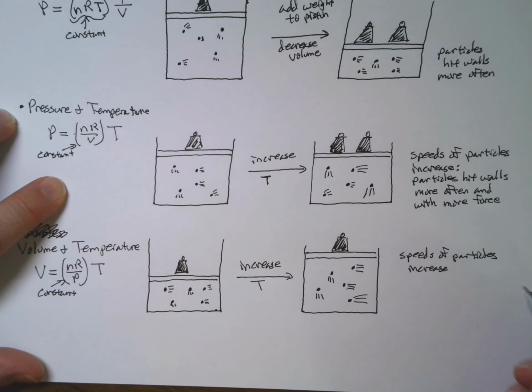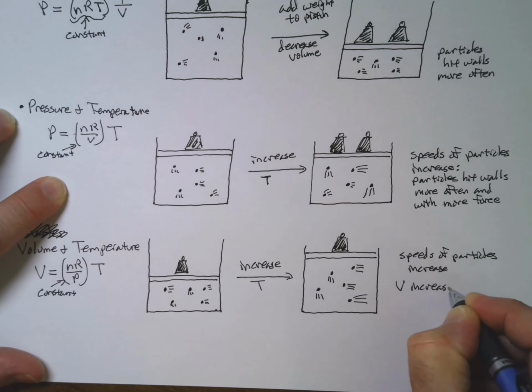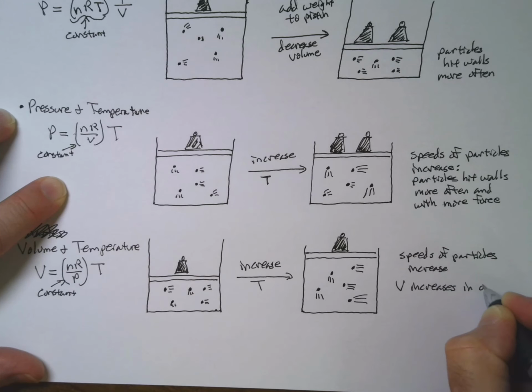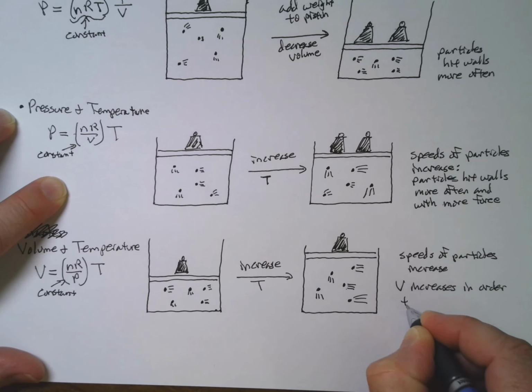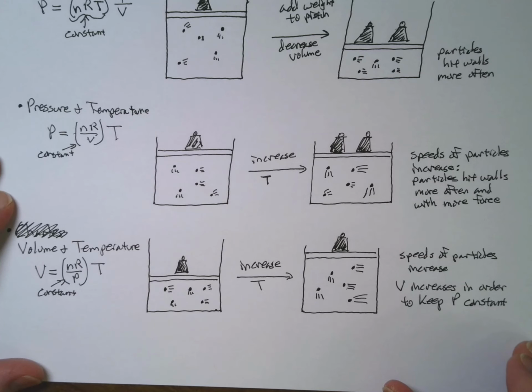And so again, the volume has to increase in order to keep the pressure constant. Okay. All right, so we allow the volume to change and the pressure is going to be kept constant. We just have the one weight there.